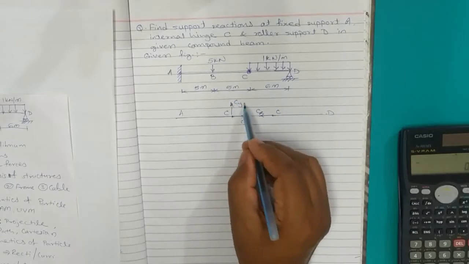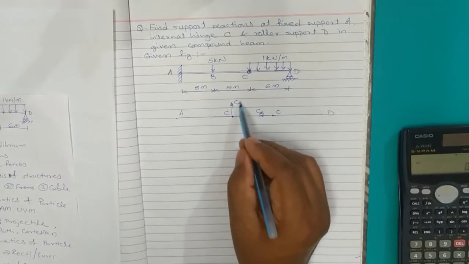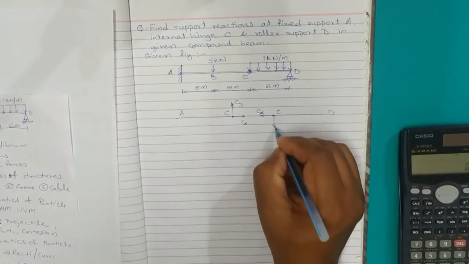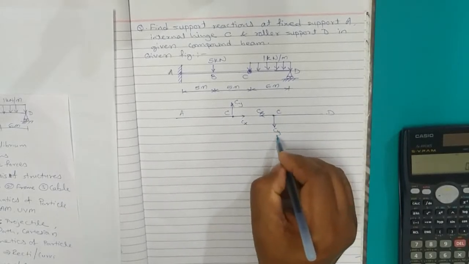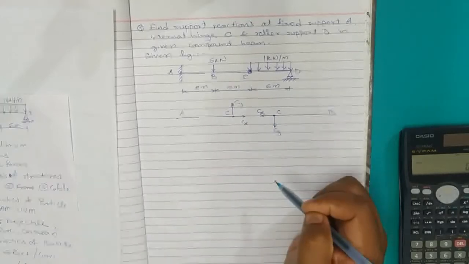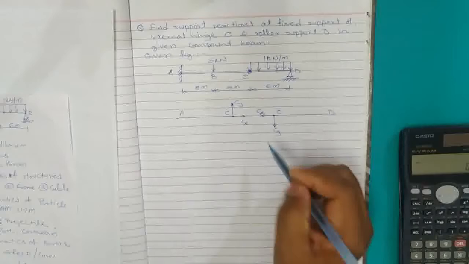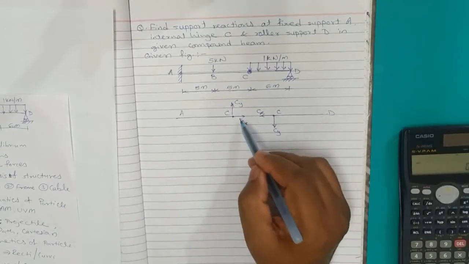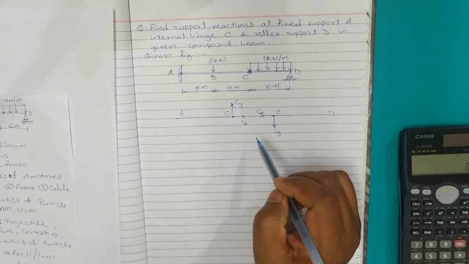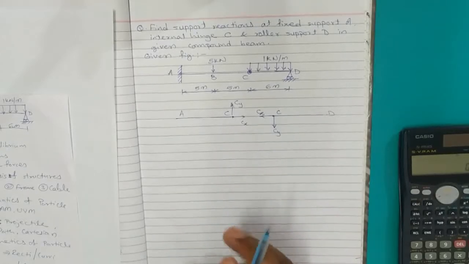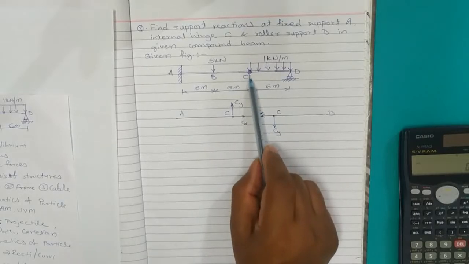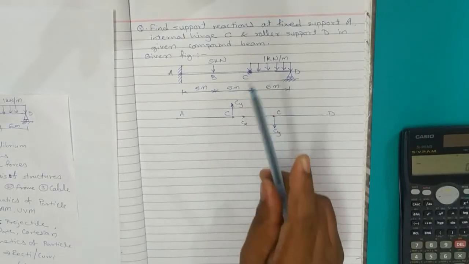Whatever is the magnitude of this vertical component Cy for the member AC, exactly the same magnitude we are going to have for the vertical component Cy for the other member CD, but exactly in the opposite direction. Why are we getting all these reactions, the horizontal in opposite directions and the vertical also in opposite directions to each other, but of the same magnitude? Because in the combined format, for this internal hinge, the net reaction is always zero.